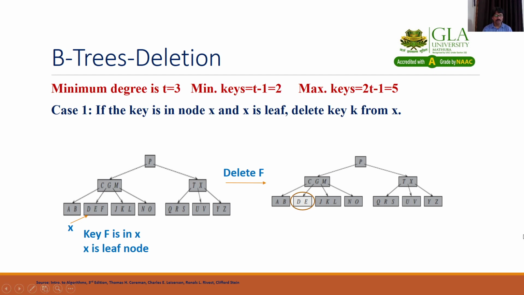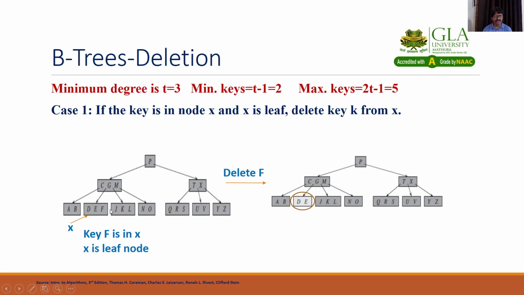In this tree, we are going to delete F. First we have to find the node in which F exists. This is our X node in which F exists, and it is a leaf node. First you should check whether it will follow the minimum number of keys property or not.